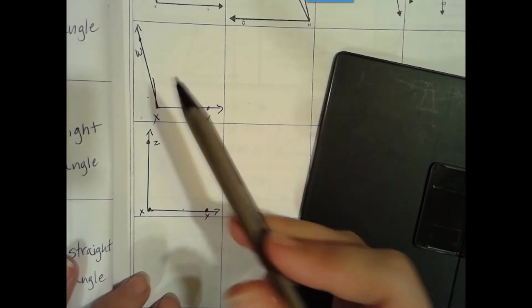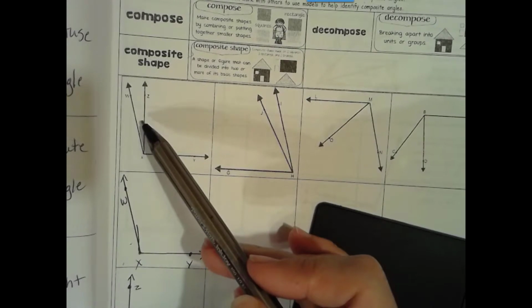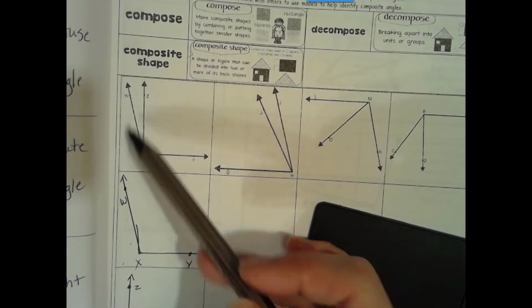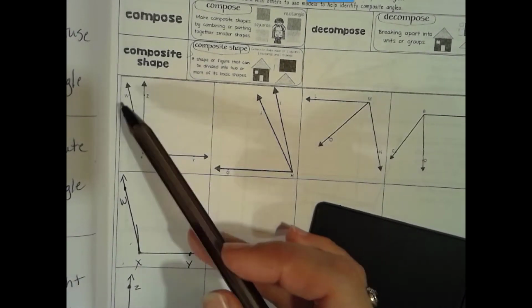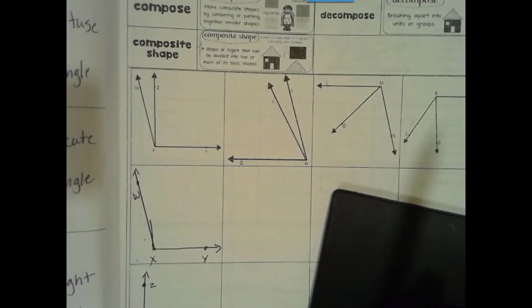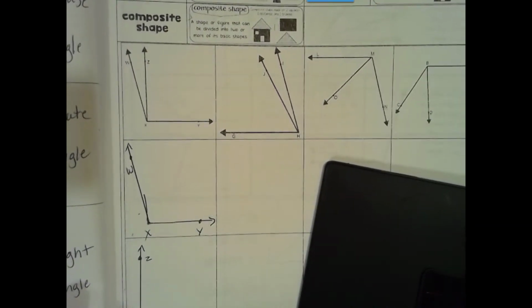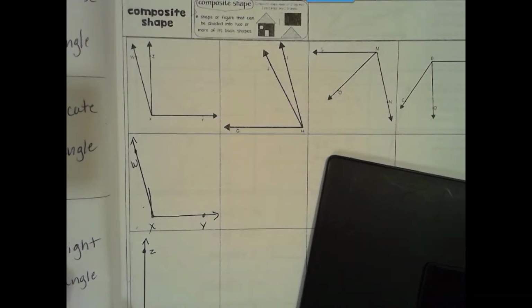So inside this angle you have this one added to, and the other angle that we need to look at is this acute angle right here. W, X, Z. So we're taking apart the three different angles we see here. Sometimes there may be more than three, but we're going to just look at three right now.